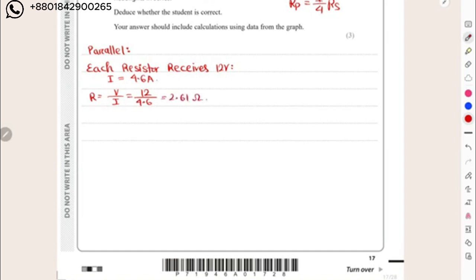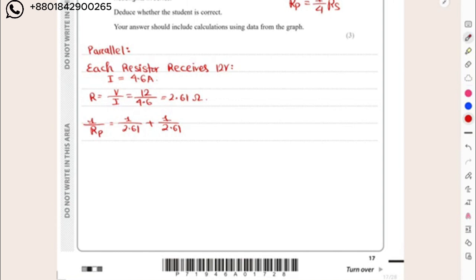Now this was just the resistance for one resistor. If we find out the resistance for the total combination, we know that this is the situation for reciprocals, so that will be 1 over 2.61 plus 1 over 2.61. So if you do the calculation, you get your value as 2 over 2.61.